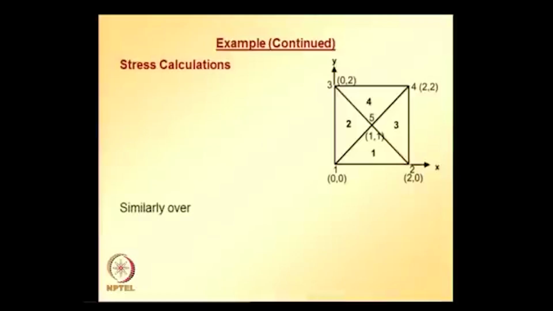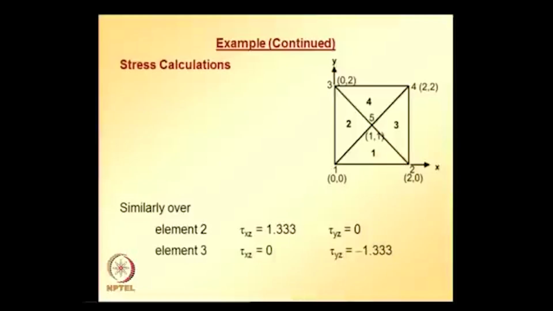Similar calculations can be repeated for element 2, element 3, element 4. Basically, we need to substitute the stress potential values at all the 3 nodes of element into the relation between shear stress components and stress potential in terms of derivatives of finite element shape functions and the nodal values of stress potential that we already looked at.